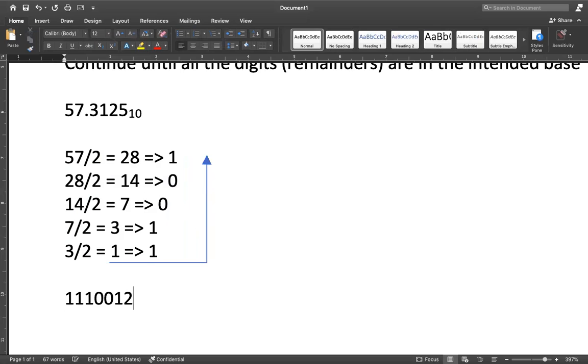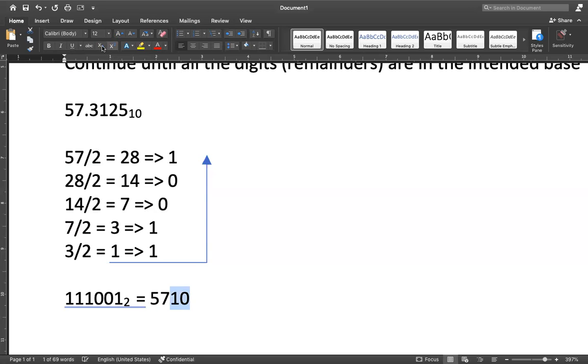So that is the binary value, and this is equal to 57 in decimal.